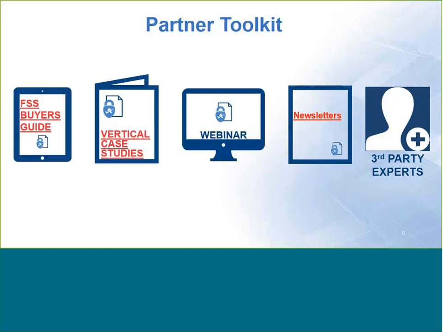The toolkit, which I referenced a moment ago, is also going to have some very beneficial content for you to use as a partner. Specifically, one I've referenced here is our buyer's guide, a key buyer's guide that you can co-brand and provide out to your prospects to promote the service. Vertical case studies that we've identified.